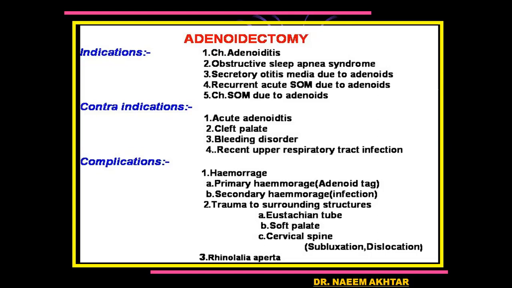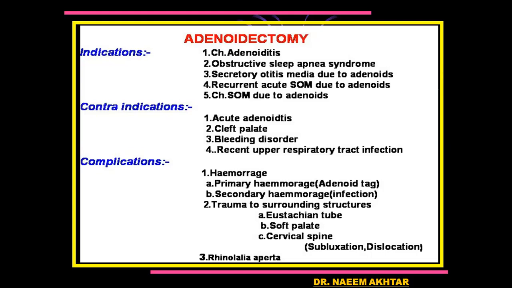And the complications which may occur in adenoidectomy are: number one, hemorrhage, which may be primary hemorrhage due to an adenoid tag present in the nasopharynx. Secondly, secondary hemorrhage, which may occur 5 to 7 days after surgery, and this is usually due to infection.